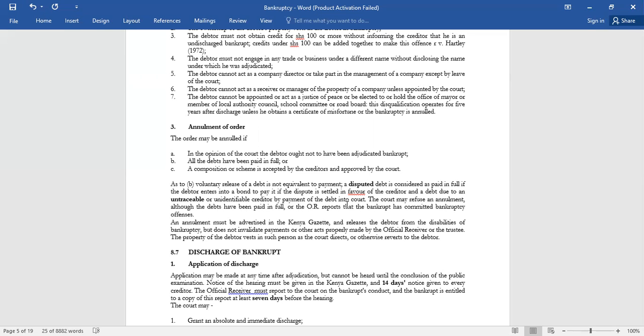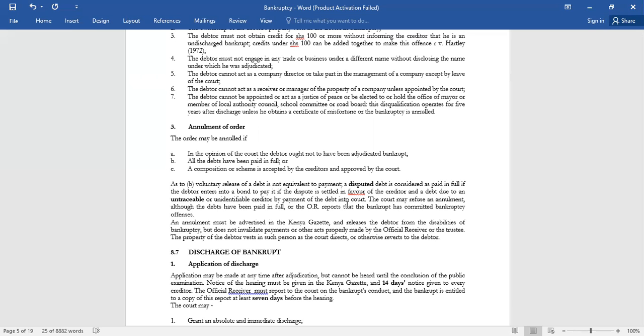So the court may refuse an annulment, although the debt has been paid in full. In other words, if the official receiver reports that the bankrupt has committed bankruptcy offenses, they will refuse to pull down the case, and it will stay if they can confirm that it is indeed true.